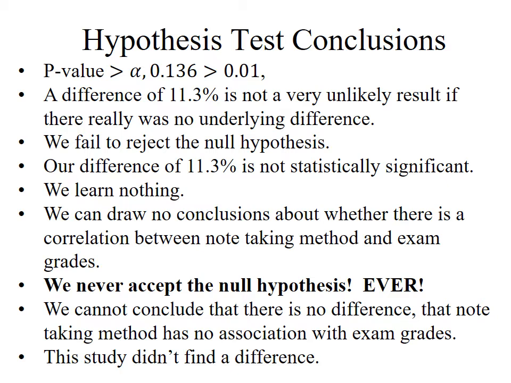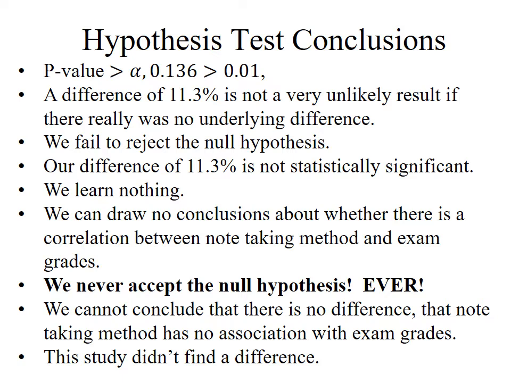Well, based on this, a difference of 11.3% is not a very unlikely result. If there was no underlying difference here, that should be relatively typical, commonplace. That's the sort of result we would expect to happen all the time, just as a result of random variation. So we fail to reject the null hypothesis, or in other words, our difference of 11.3% is not statistically significant.